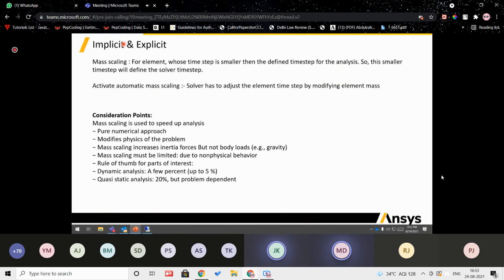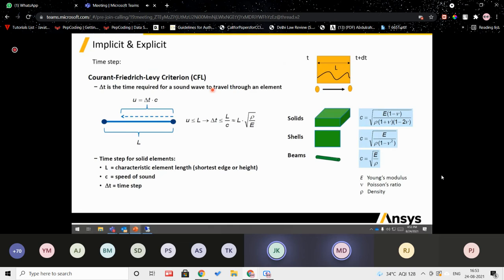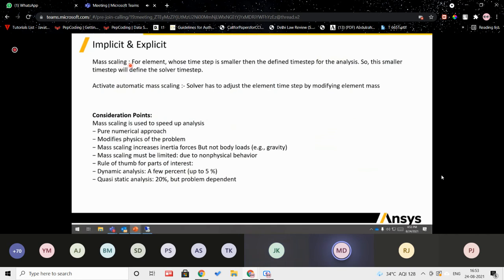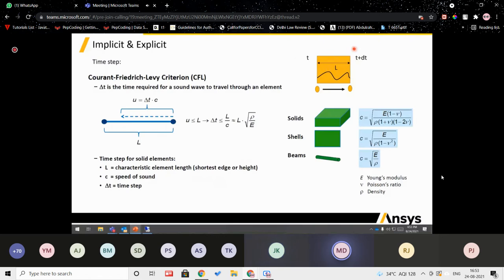So as we have seen, for stabilizing your time step, you have mass scaling. There are two things here. One is the wave traveling, and the time it takes to reach, let's suppose, is your critical time step. The time for the algorithm of the software to go from here to here also requires some time.